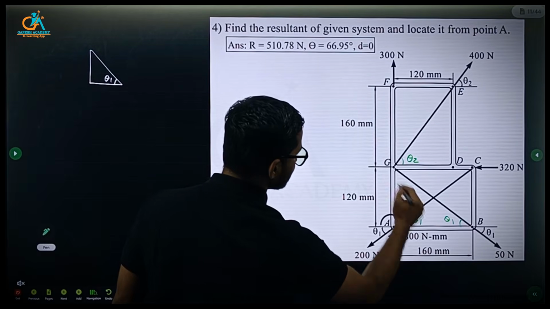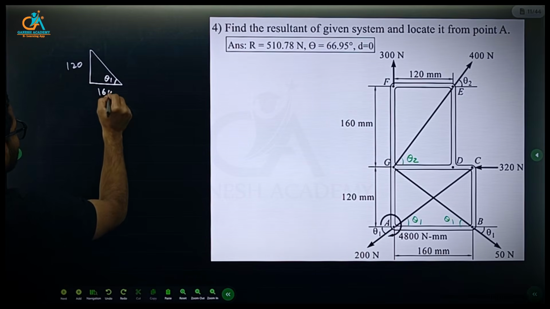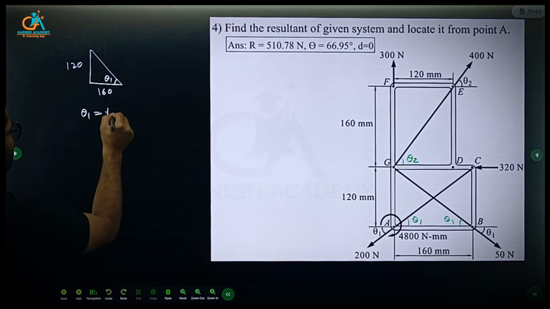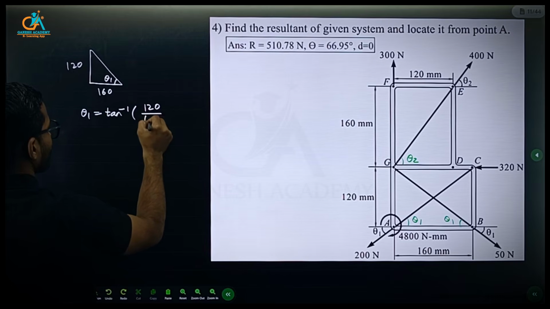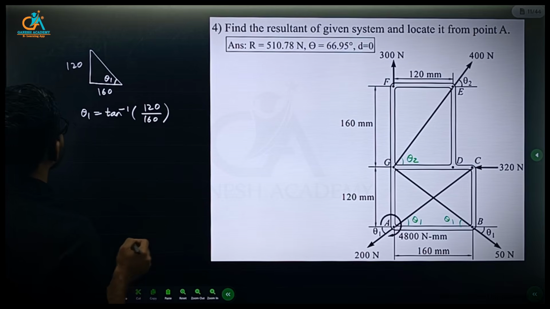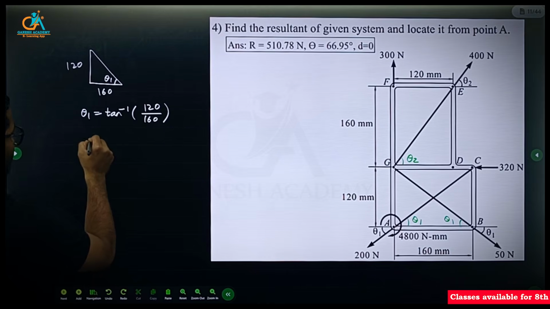The base of the triangle is 160 and the height is 120 mm. So theta 1 is tan inverse of opposite side upon adjacent side, which is 36.87.